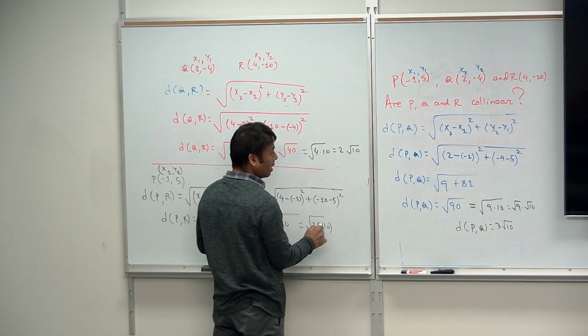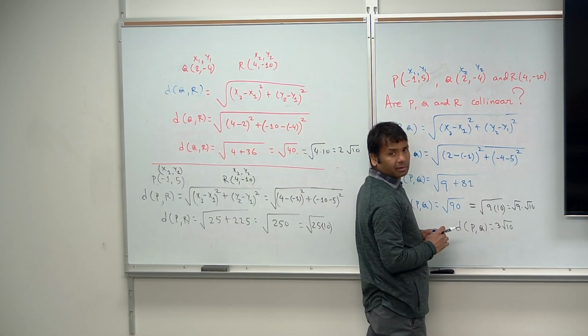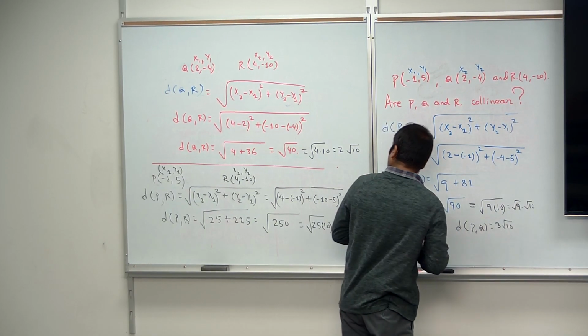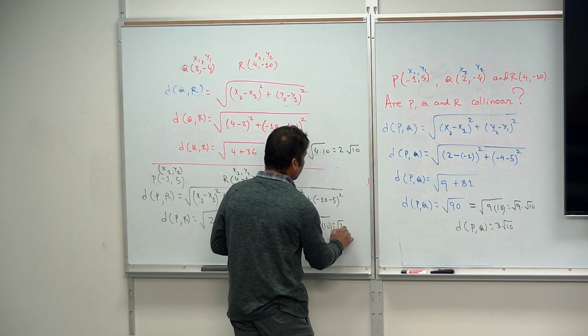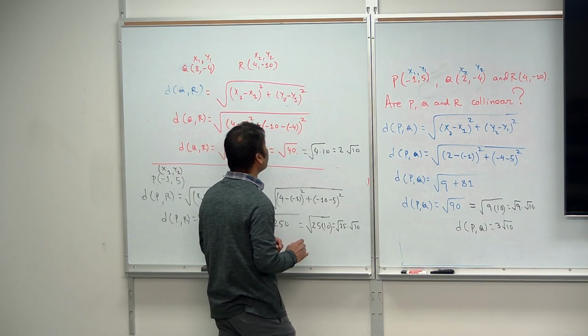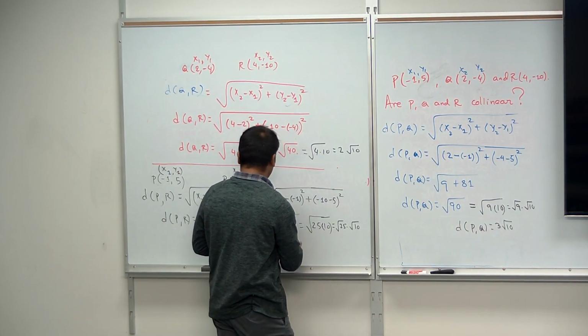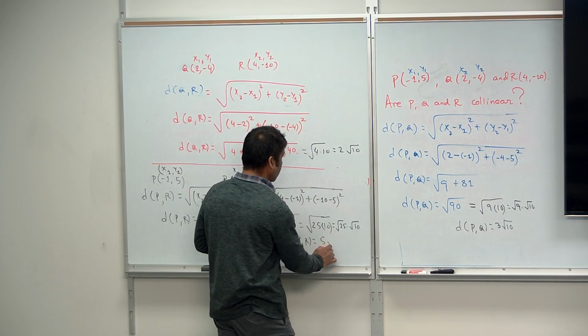Be careful here, this one is 9 times 10, okay? So radical 25 times 10 is the same as radical 25 times radical 10. Are you guys with me? What is radical 25? 5. So the distance between P and R is 5 radical 10.